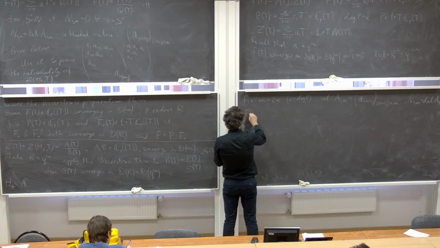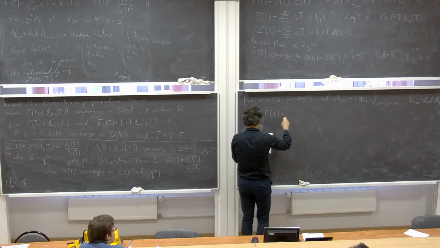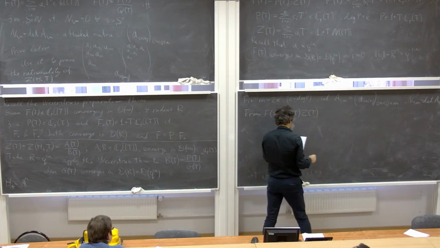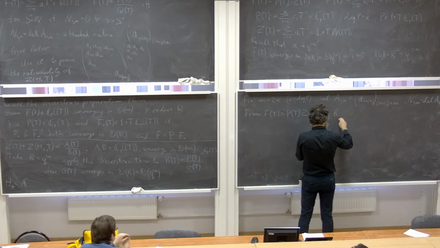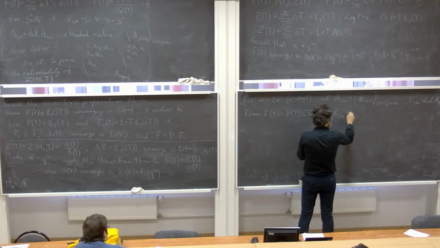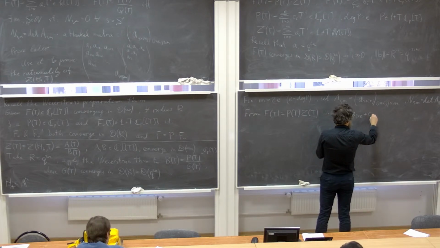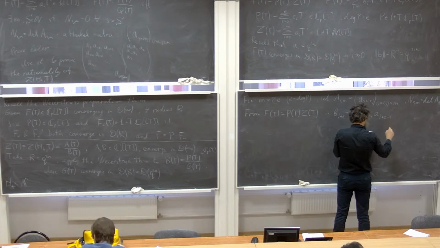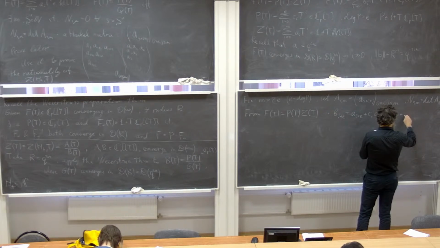So from the equality that f is equal to p times zeta, we get that b_{j+e} equals a_{j+e} plus c_1 a_{j+e-1} plus so on plus c_0 a_j.